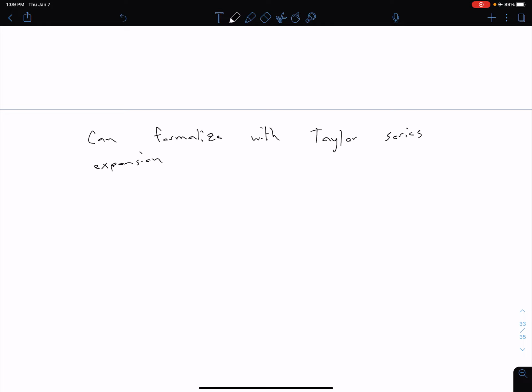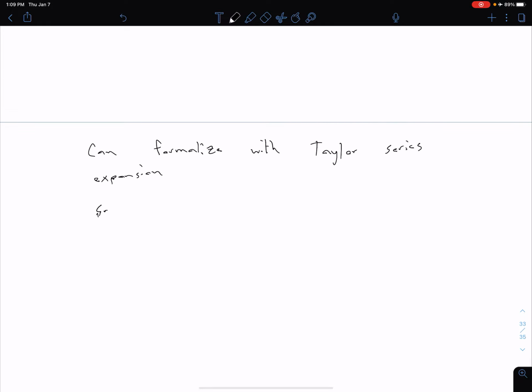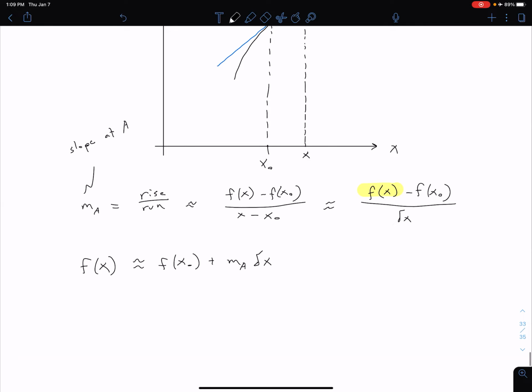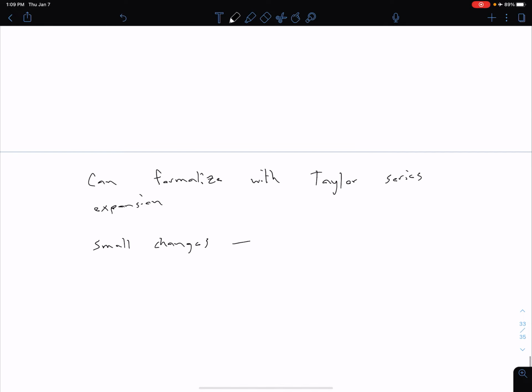However, we're only going to be considering small changes from that initial point. As we're going from x naught to x in this graph, we're considering that to be really small. That means that we can neglect our higher order terms in our Taylor series, so we're only going to look at our first couple of terms.